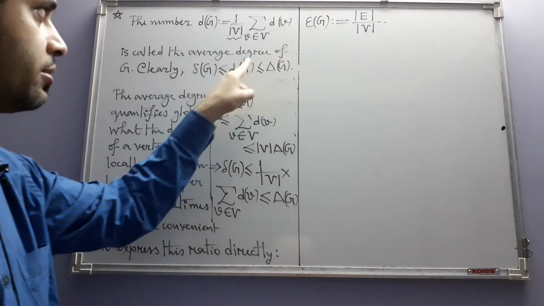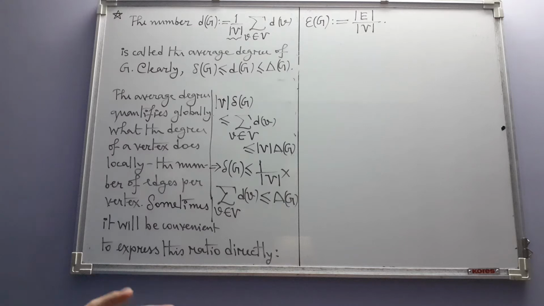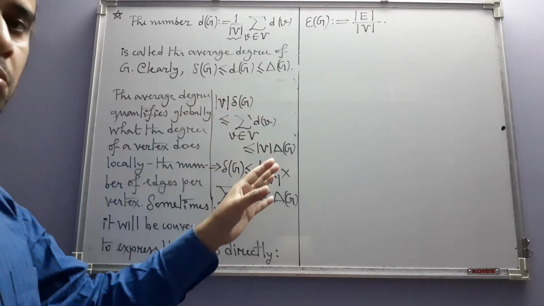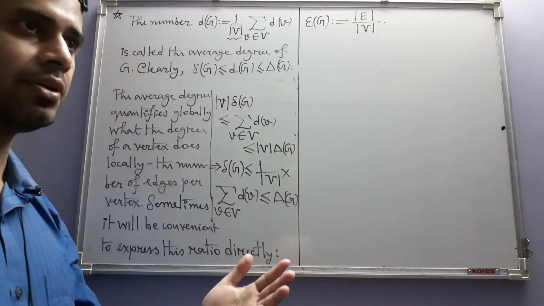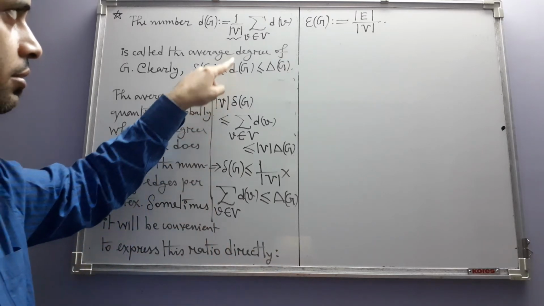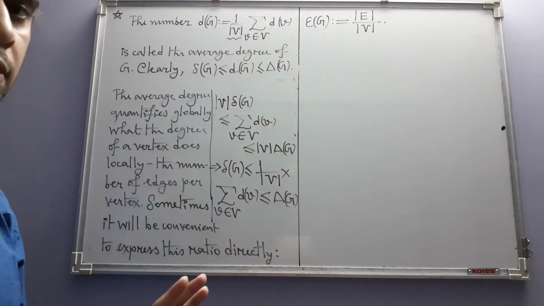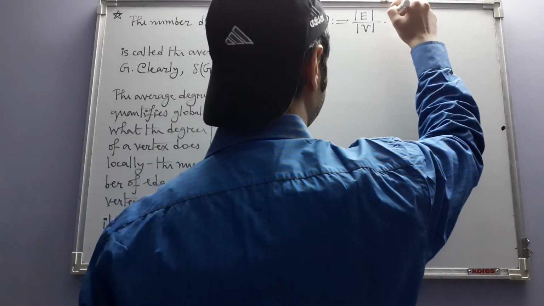Clearly, this epsilon g and dg are two different types of quantities. Okay, I should not probably say different types, but both of them are averages. They both calculate roughly the number of edges per vertex, but numerically they are different. Still, they are intimately related.